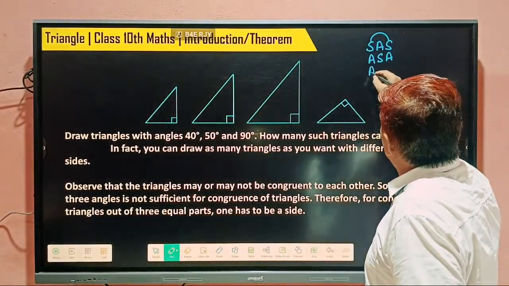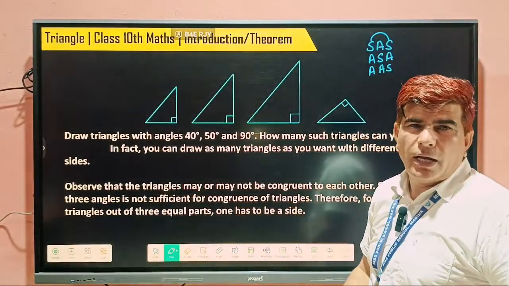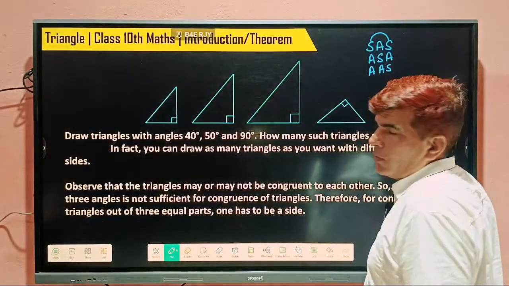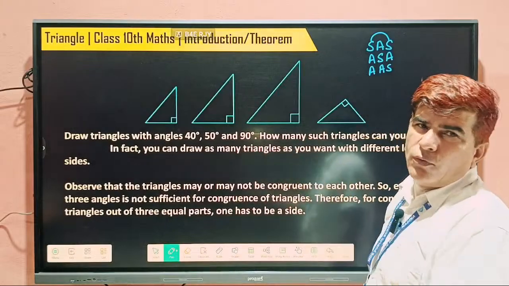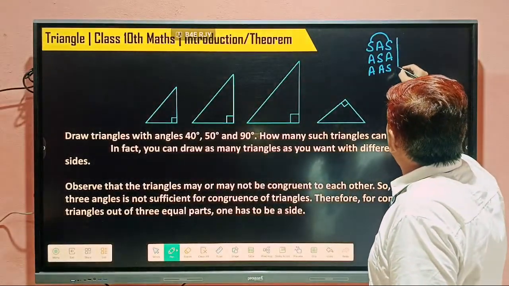And this also, AAS: any two angles of one triangle are equal to any two angles of another triangle, and one side of one triangle is equal to one side of another triangle, then also the triangles are congruent.